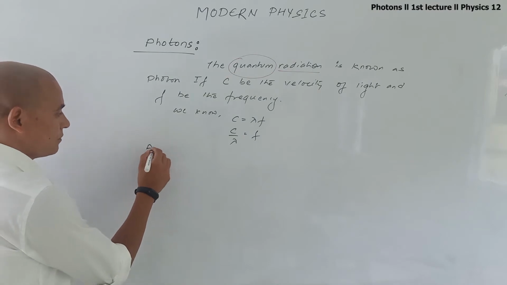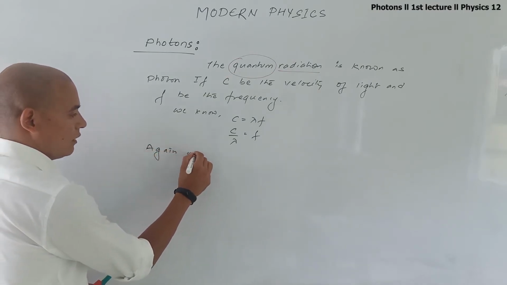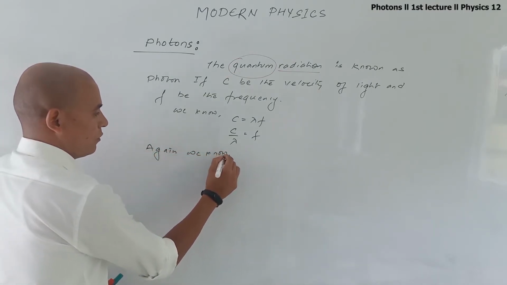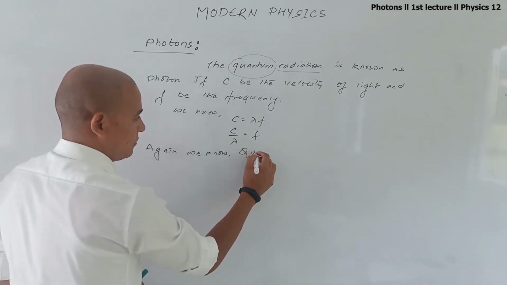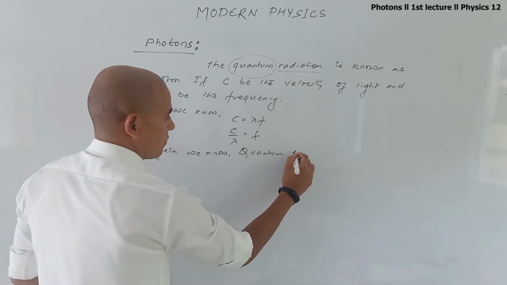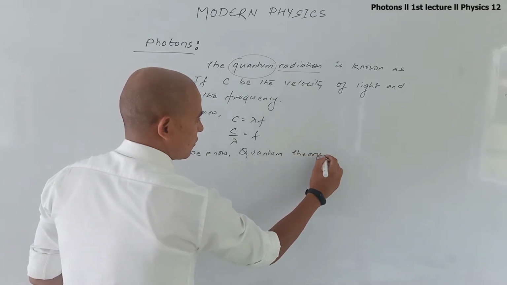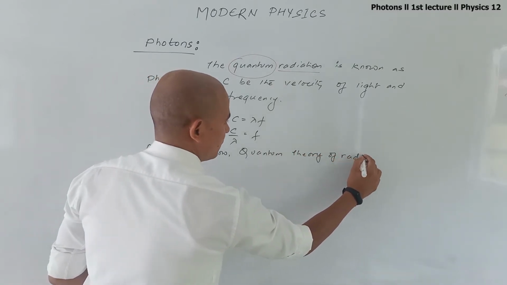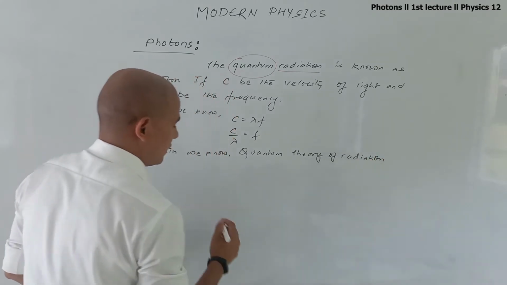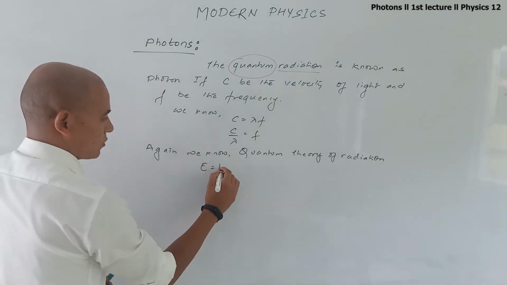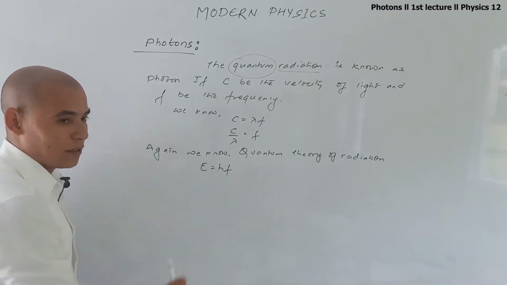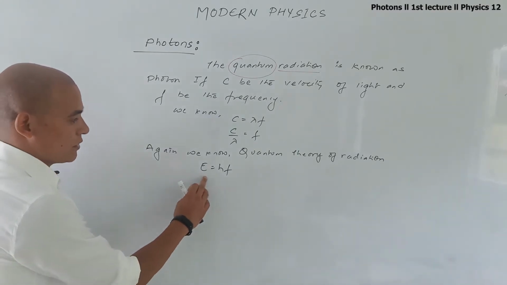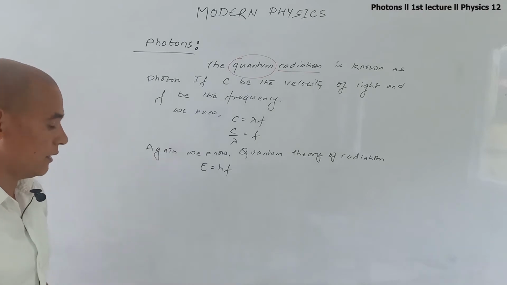Again, we know from quantum theory of radiation, E equals hf.